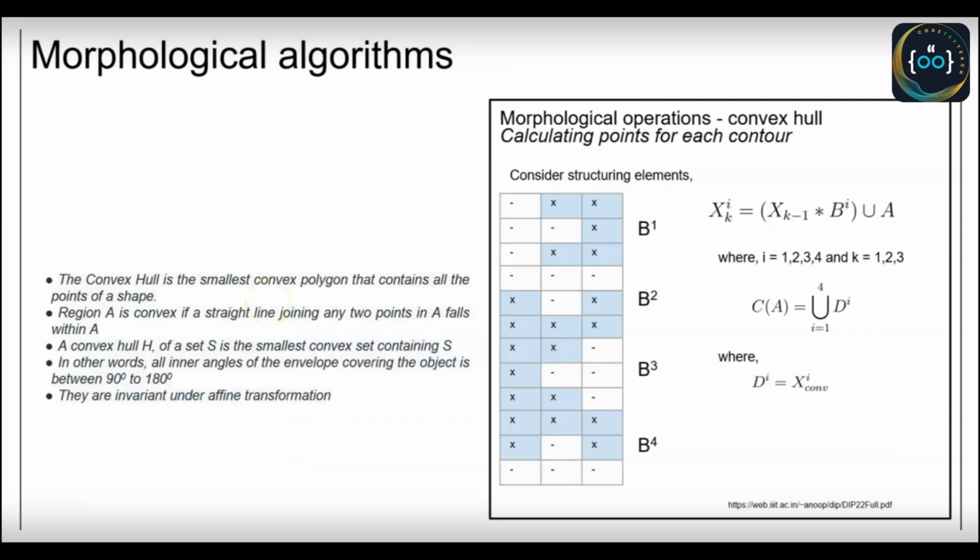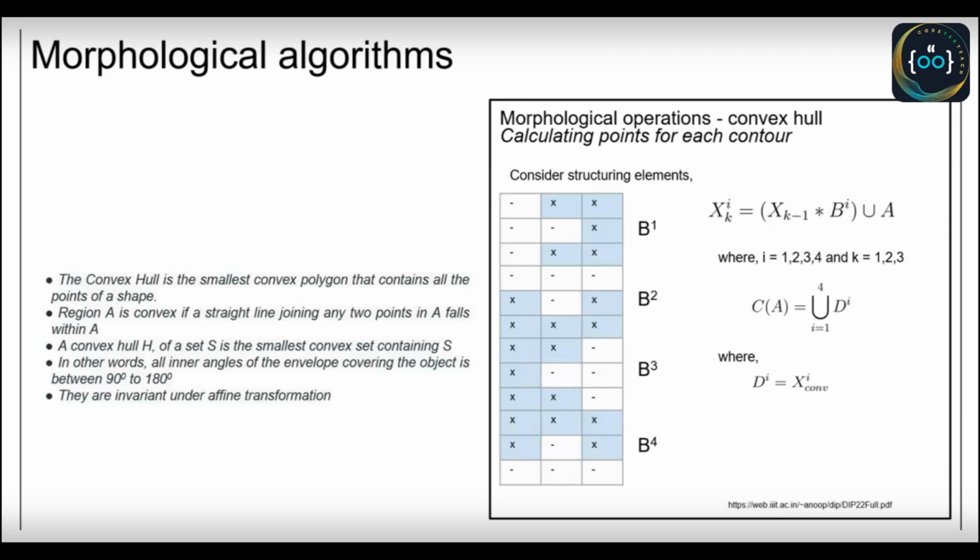And coming to convex hull, in morphological image processing, the convex hull operation can be considered as a specific type of morphological transformation. The convex hull is the smallest convex polygon that contains all points of a shape. In the context of an image, it is the smallest convex contour that encloses a particular object or contour in the image.